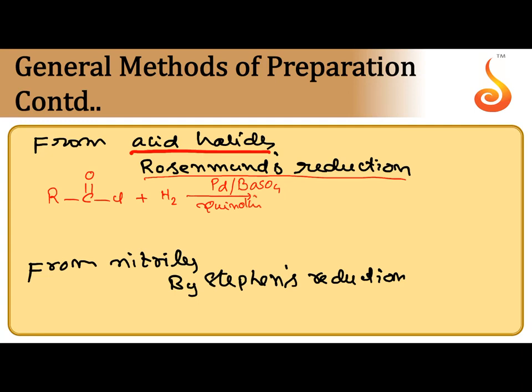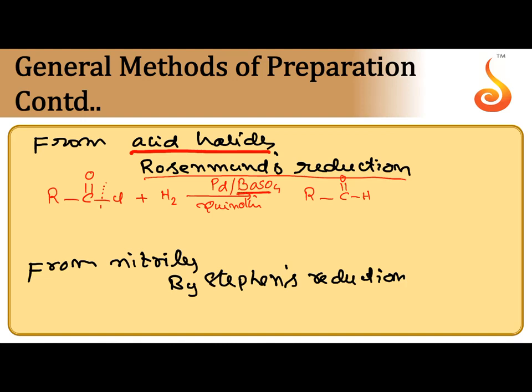The entire mixture is called Lindlar's reagent. So when acid chloride is subjected to Lindlar's reagent, partial reduction takes place. Now one chlorine is replaced with one hydrogen. If barium sulfate is not there, the aldehyde formed also undergoes reduction to give primary alcohol. That's why Lindlar's reagent is used.